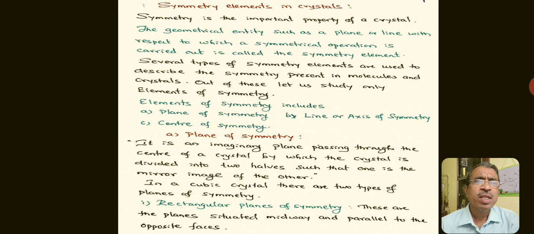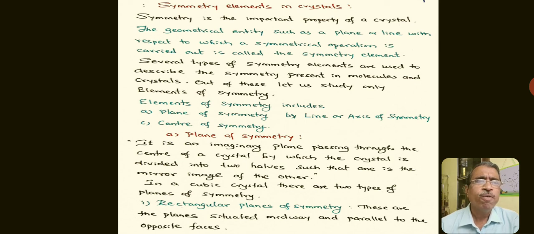Symmetry is an important property of a crystal. The geometrical entity such as a plane or line with respect to which a symmetrical operation is carried out is called the symmetry element.